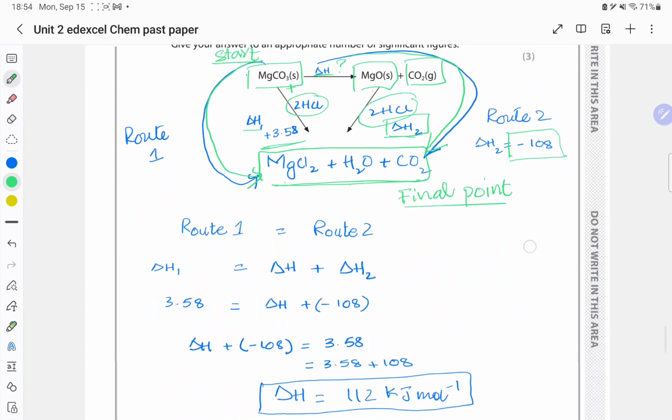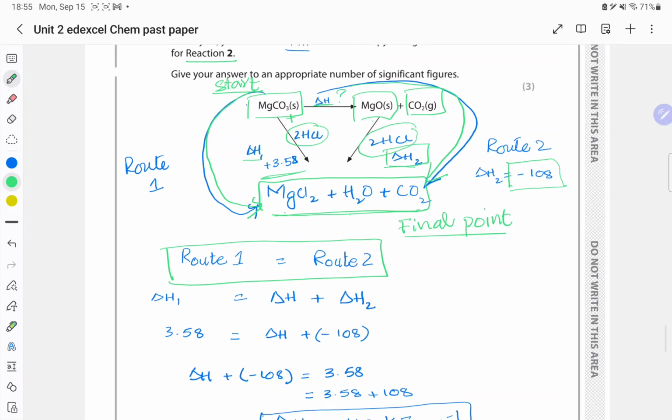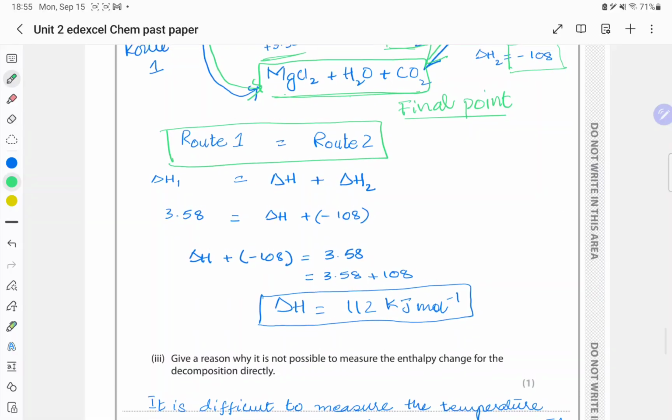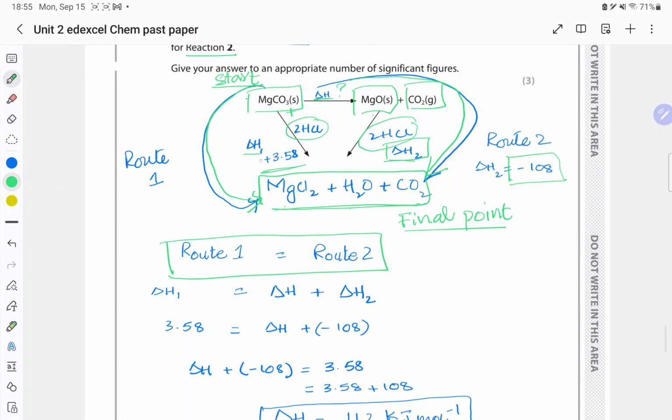Now we're going to place it in this simple equation. Now you're going to compare these two routes. I have told you how to find out the route, from the starting to the final product. Now just place whatever delta H is coming in route 1. There's only one delta H1, so you just place it under route 1.